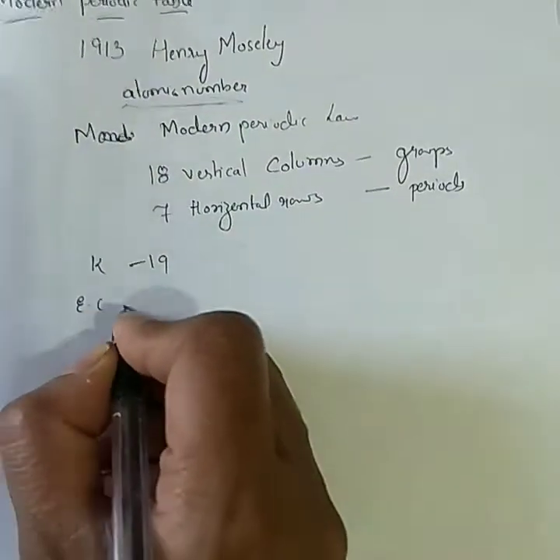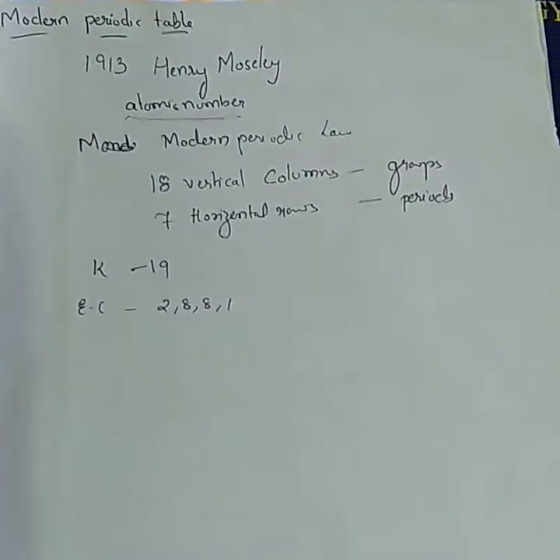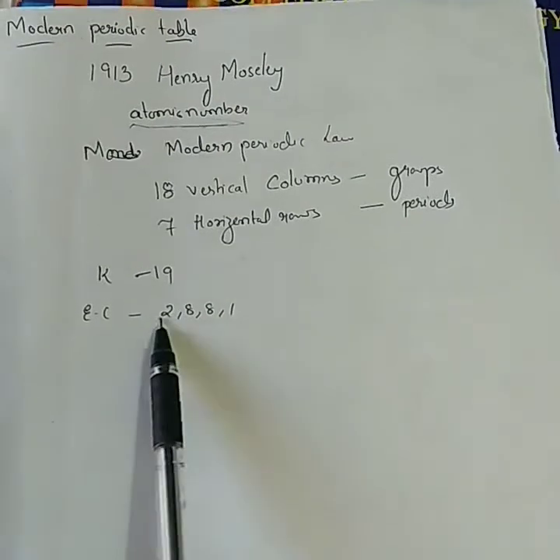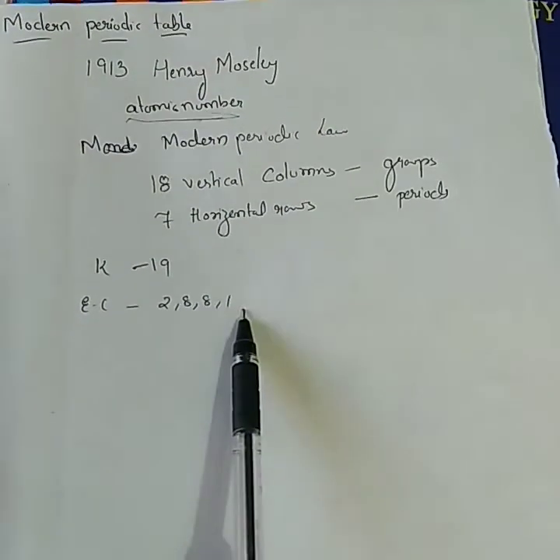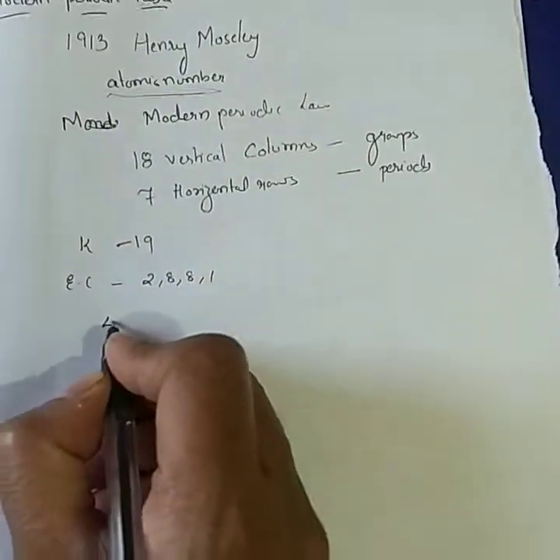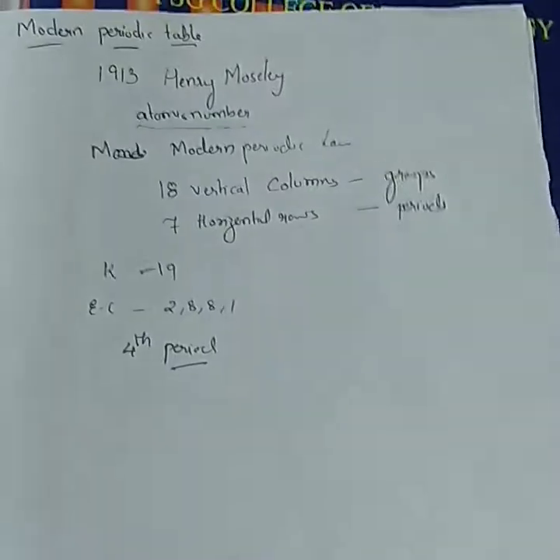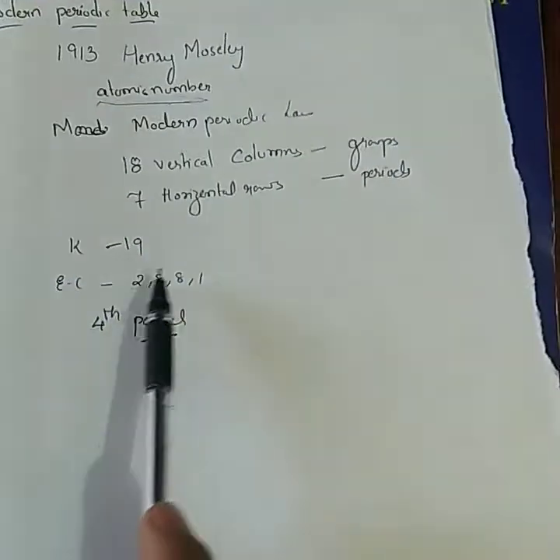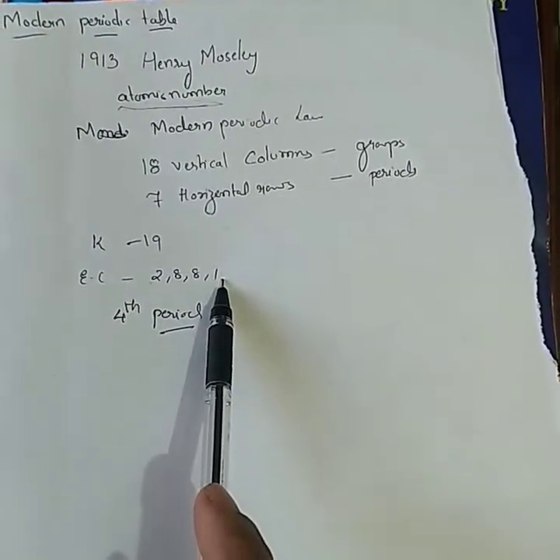Its electronic configuration is 2, 8, 8, 1. How many shells are there? 1, 2, 3 and 4. Four shells, so it belongs to the fourth period. So the period is identified by the number of shells present in the element.